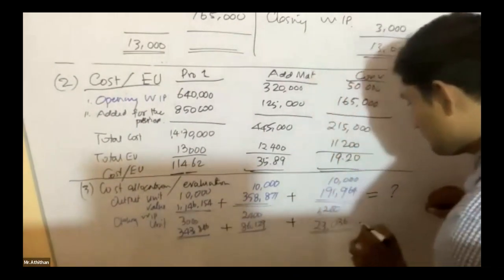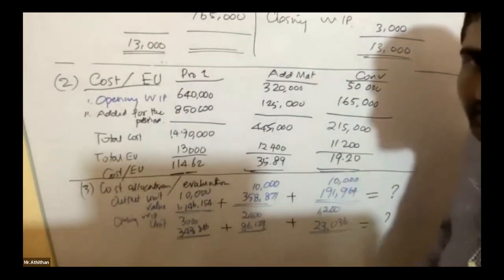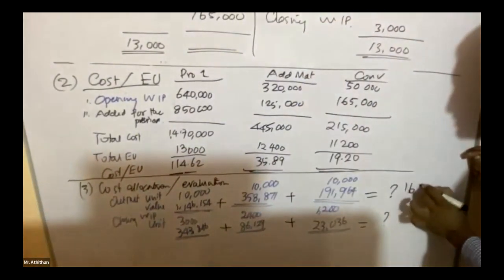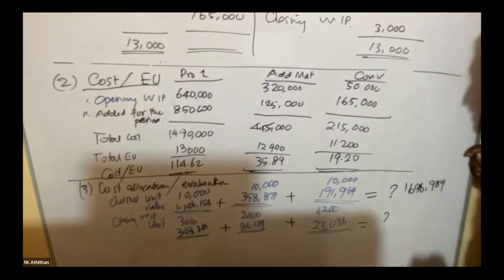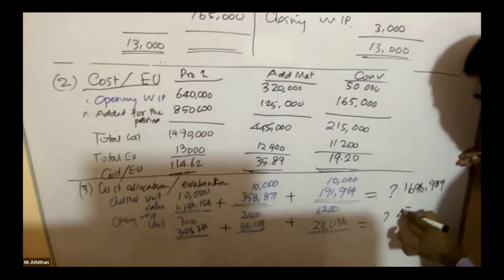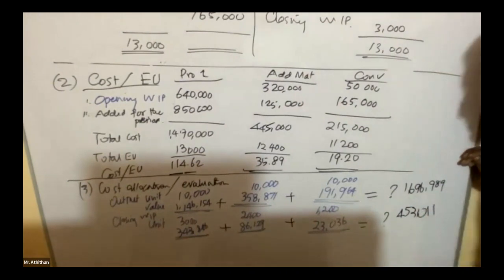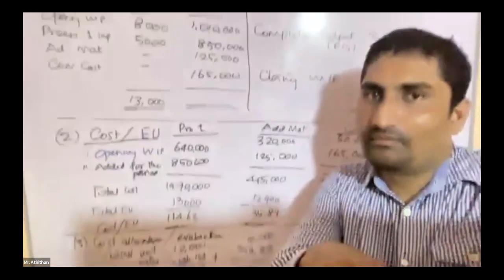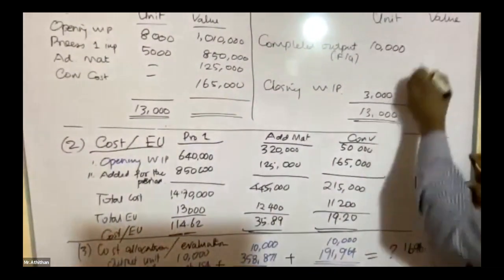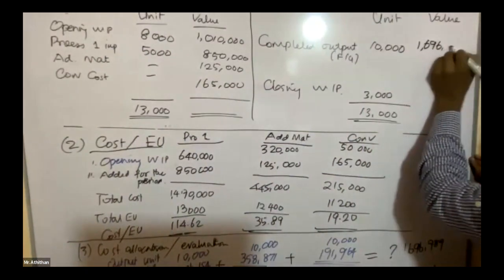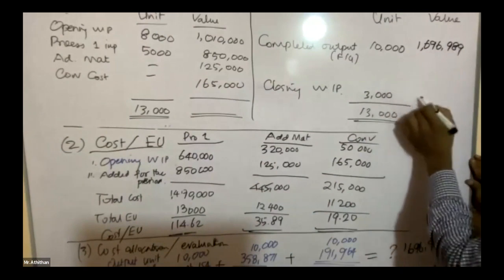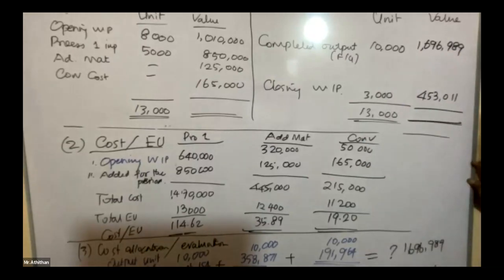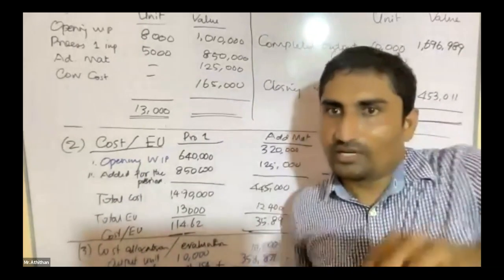These three. Right? So if we take the total, 1,696,989. 453,011. Right? That's all. So we will take the same. 1,696,989. 453,011. So the total, we will understand how much is the total, where the total is equal.